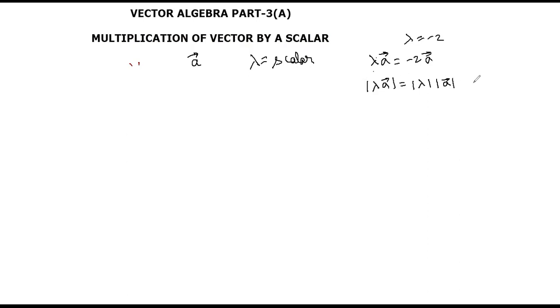So scalar and scalar multiply to get the scalar quantity, that is the magnitude. This is just simple multiplication, and this is very important.